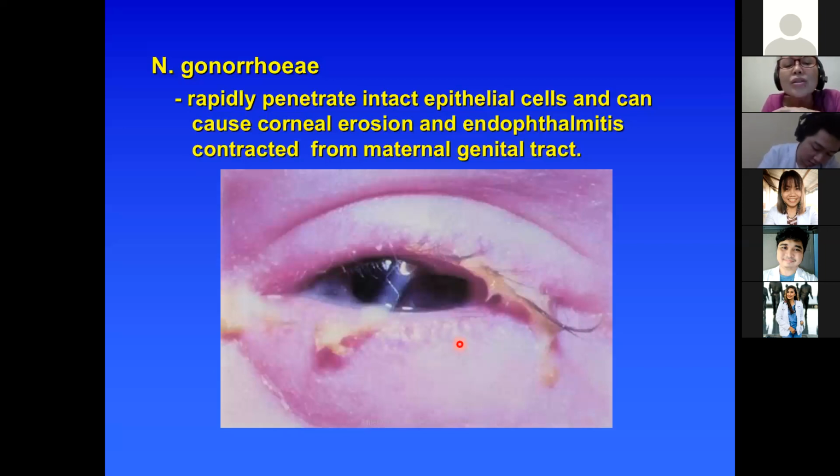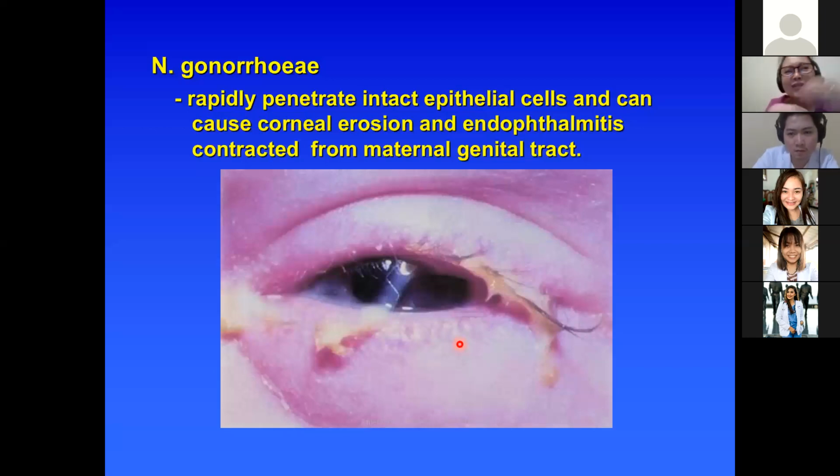What is the histologic appearance in your gram staining? Intracellular diplococci, Doc. Okay, that's your diplococci.